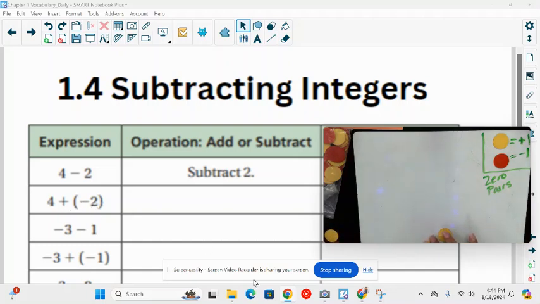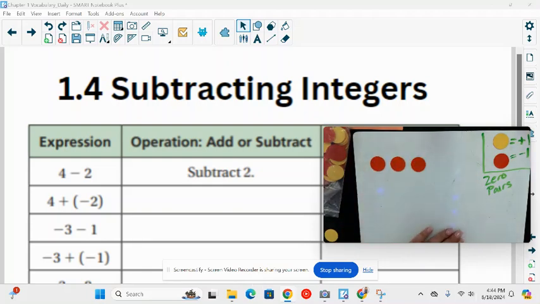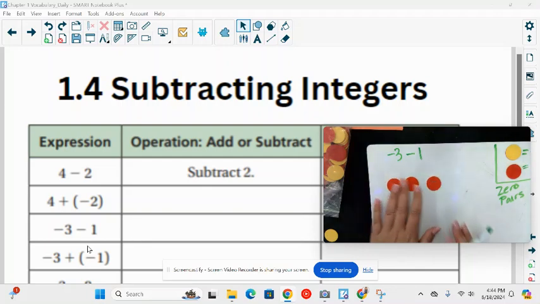So I have -3, 1, 2, 3, and I'm taking away a +1. Let me write it here too so that we see what's going on. We have a -3, take away a +1. Well, in our model I can't take a positive away because I don't have any positive counters. So I'm going to need to put some positive counters here without changing this expression.